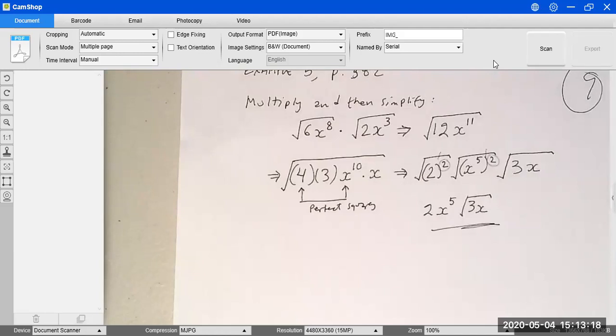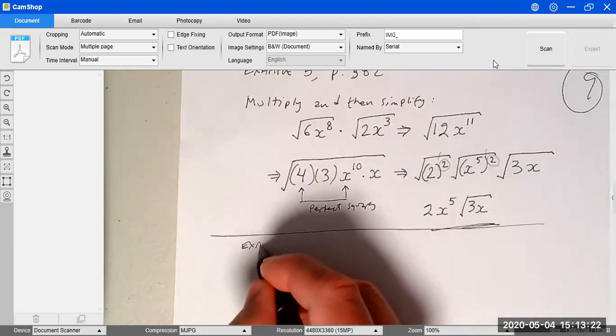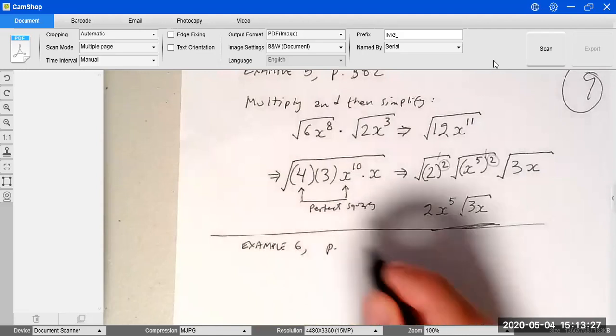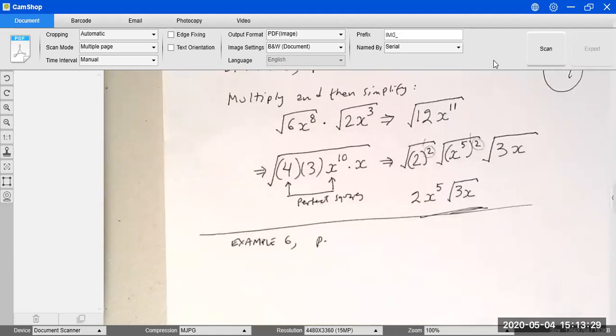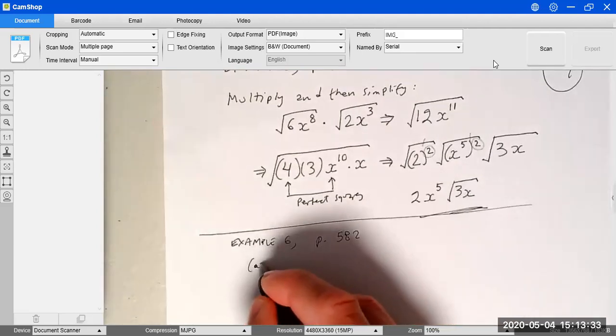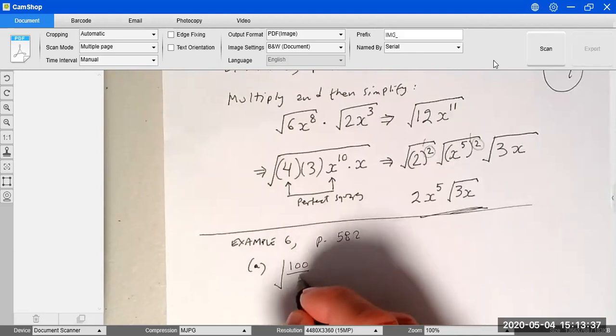Now, we have one more problem. I found one more problem involving fractions. So this is example 6 from page 582. So the first one is the square root of 100 over 9.